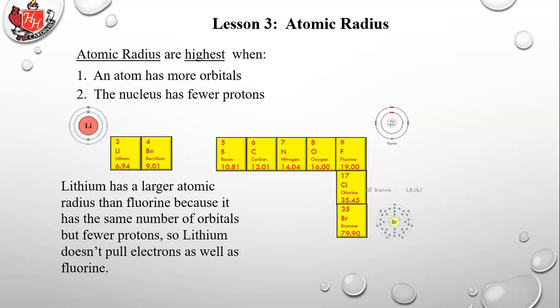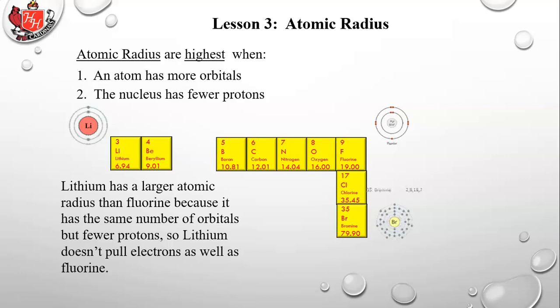The reason is very similar to the reasons for ionization energy and electronegativity, and that is fluorine has more protons to pull on the outside electrons, and so it pulls them in tighter and tighter, and it makes for a very small atom.